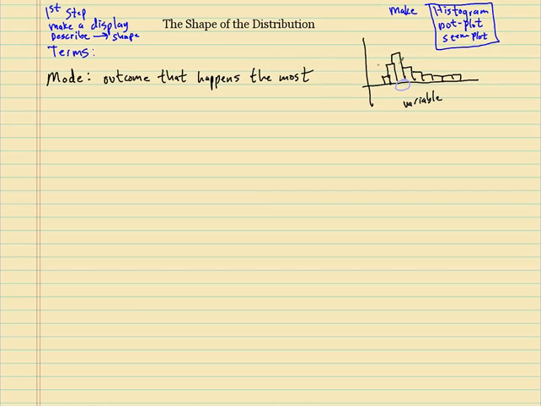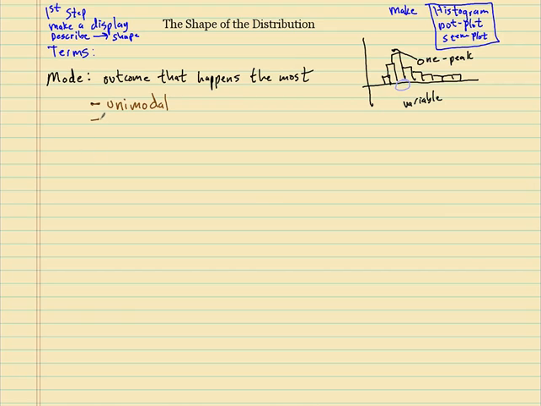So this would be unimodal, because there is one peak. Since there's one peak here, we call this unimodal. So these are the different terms that I could say about these. We could say unimodal.